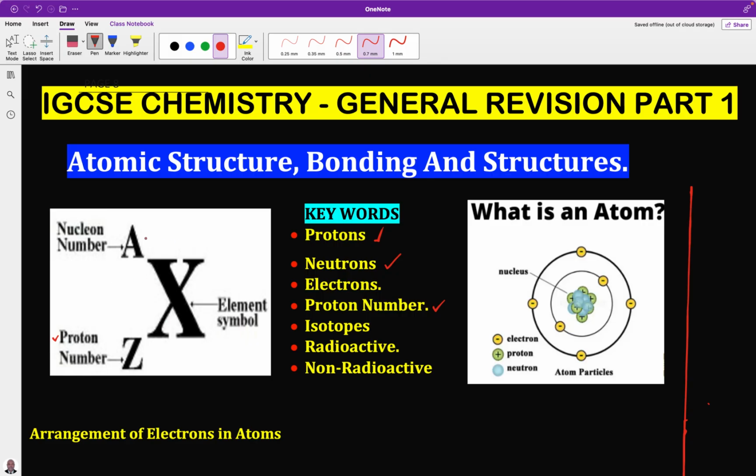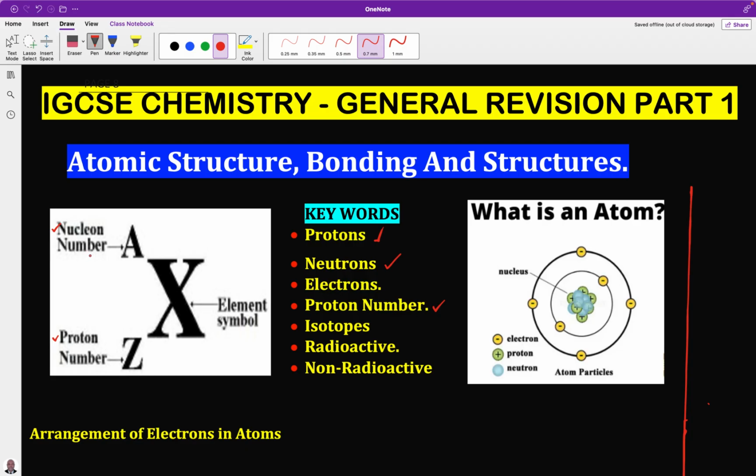Then, what is a nucleon number? A nucleon number, or what we call the mass number. When you look at the periodic table, you will see an element, and you will see the nucleon number and the proton number.